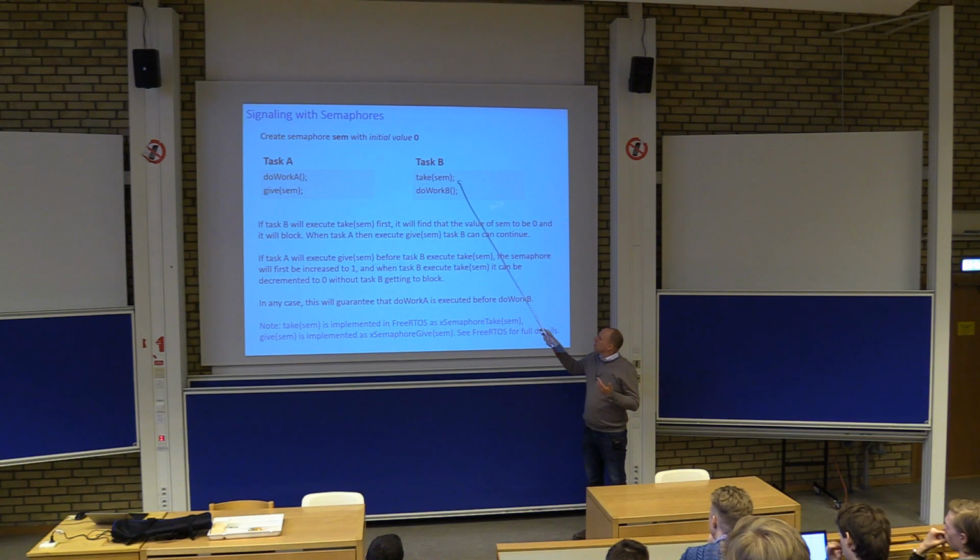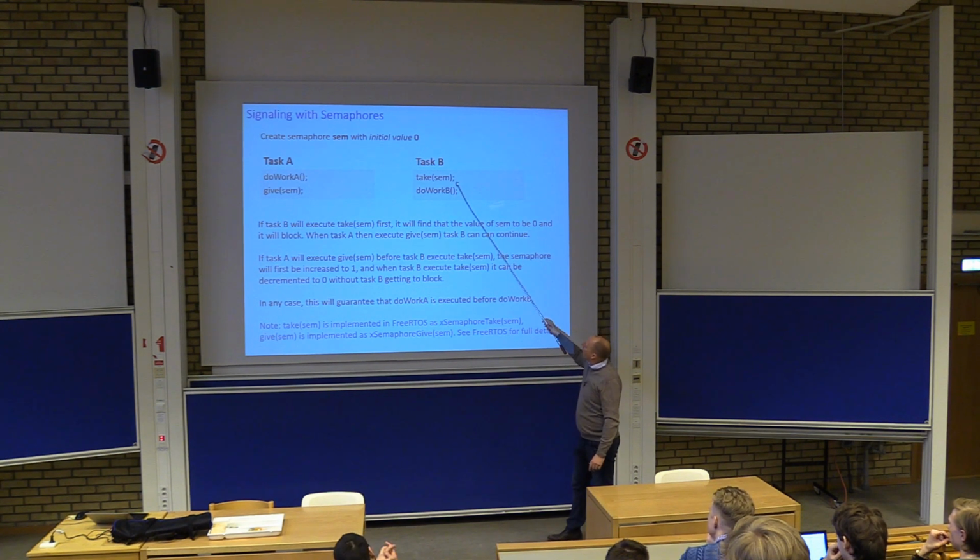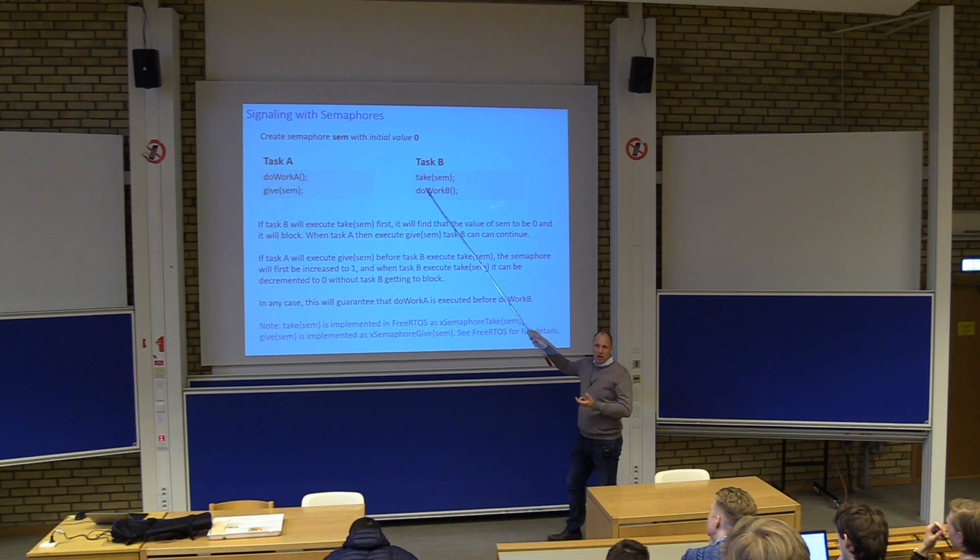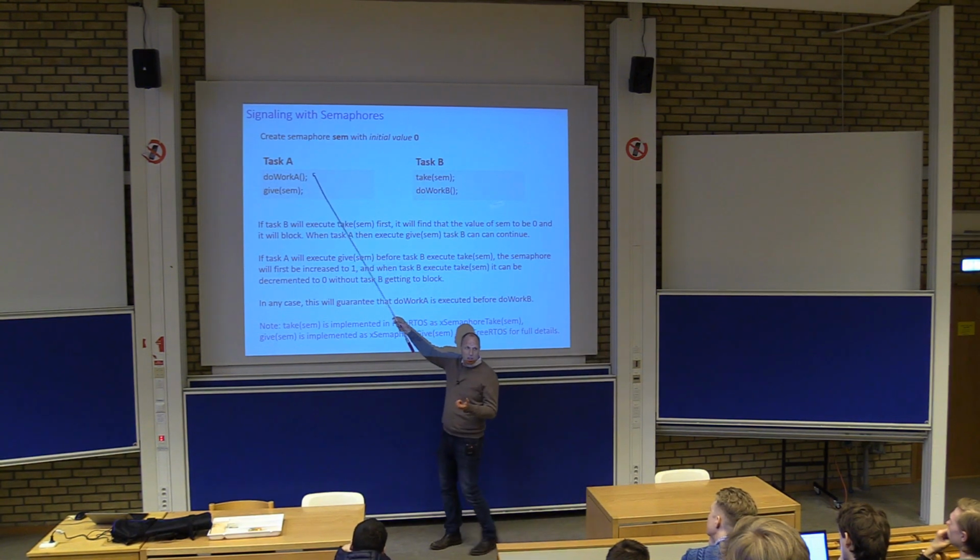Exactly. So since the value was 0, it will block. This task will then switch state from running to blocked, so it can't be scheduled for execution any longer. And then the scheduler has to execute some other task that is ready to execute, for example, task A.